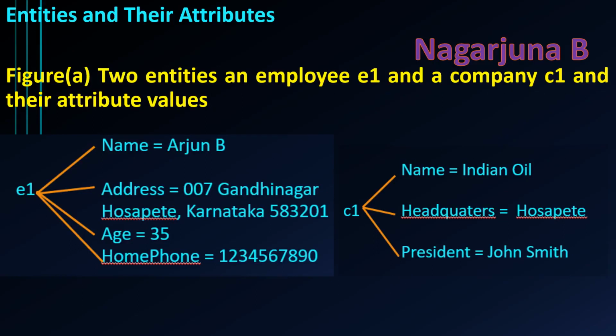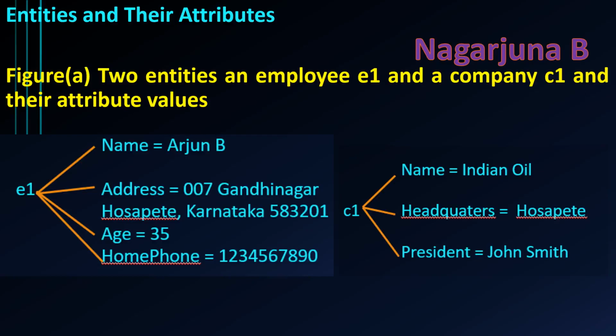Employee E1 consists of attributes name, address, age, home phone with the values Arjun B, 007 Gandhinagar, Hospet, Karnataka 583201, 35, 1234567890 respectively. Another entity is a company C1 which has three attributes: name, headquarters, president.